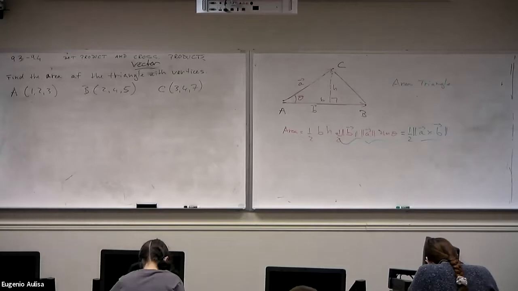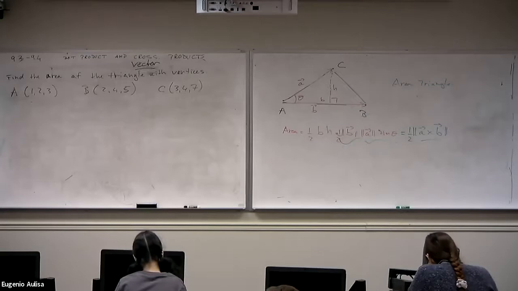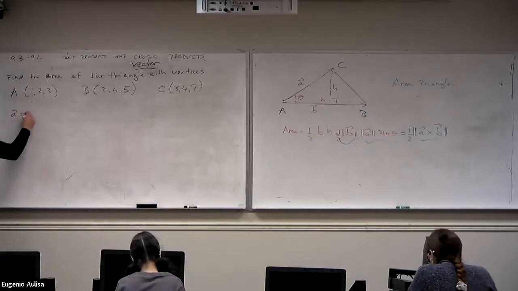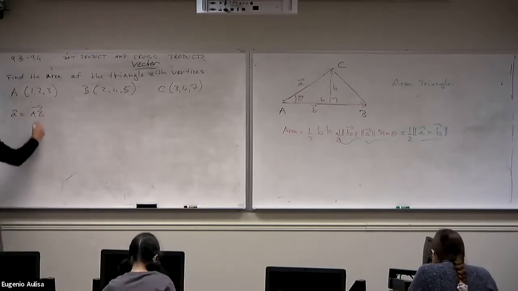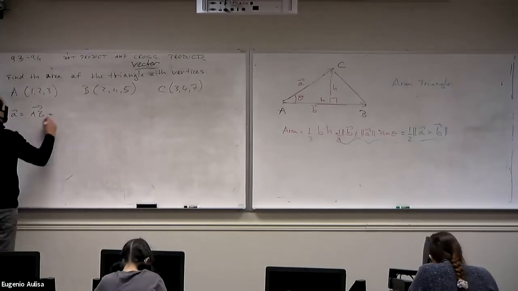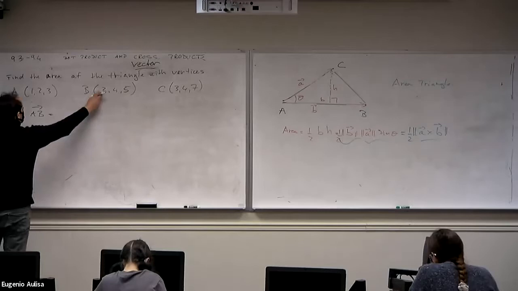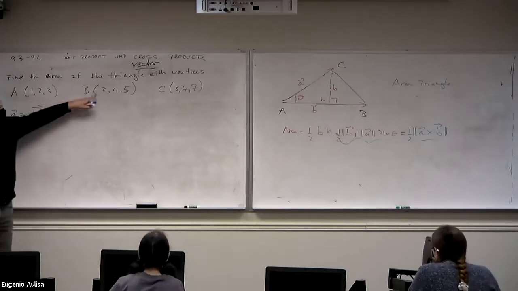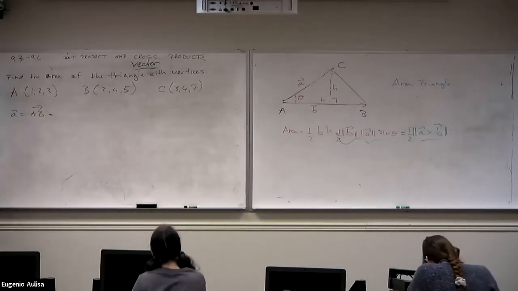Okay, so these are 3 points in the space. The vector A is a vector that goes from A to B. We get this vector by subtracting the components of B minus the components of A.